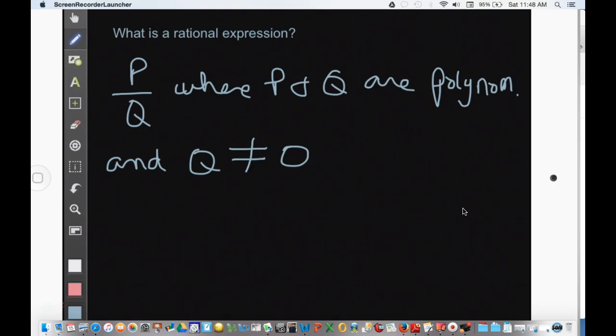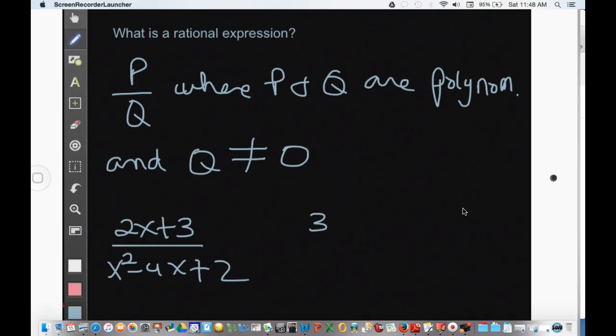Now, polynomial, we should think many terms. So, for example, 2x plus 3 is one polynomial over x squared minus 4x plus 2. That's another polynomial. Now, the number 3, even though it has one term, is a polynomial, and we could place this over x squared minus 4.